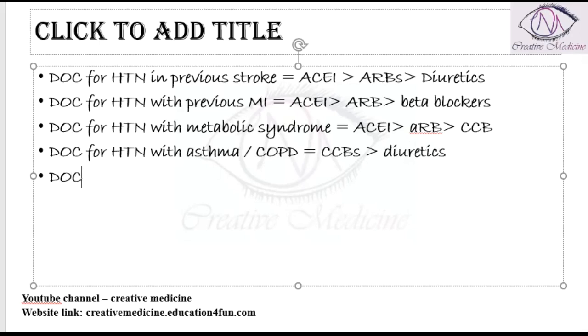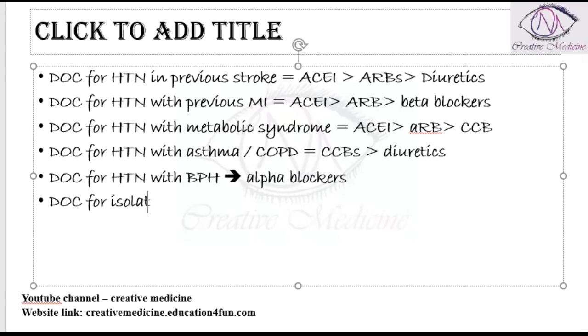For hypertension with benign prostatic hyperplasia, we mainly give alpha blockers, such as tamsulosin. Now, the drug of choice for isolated systolic hypertension, if the patient has only systolic hypertension, is ACE inhibitors or ARBs, followed by calcium channel blockers, followed by diuretics.